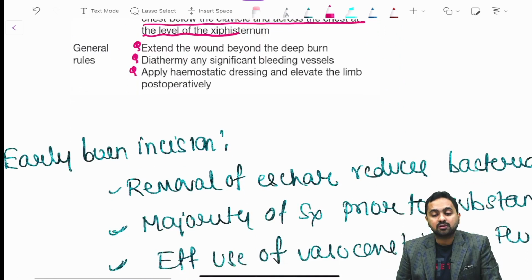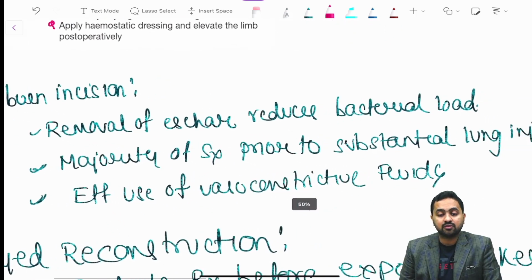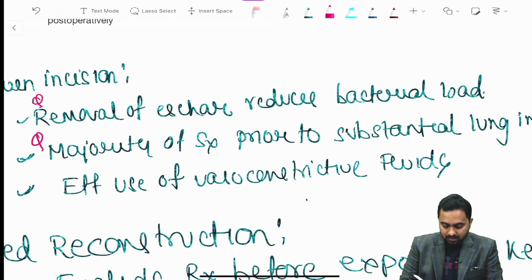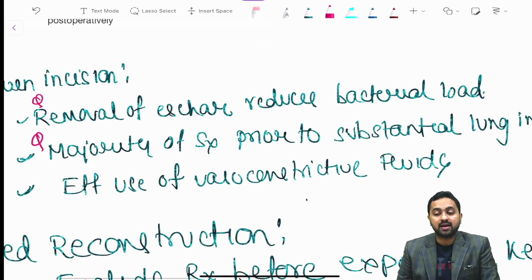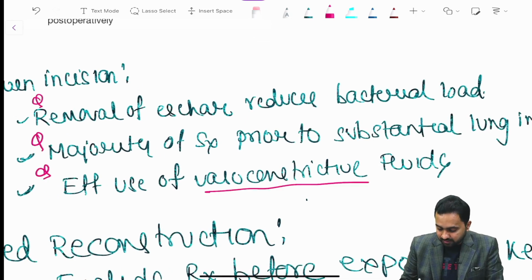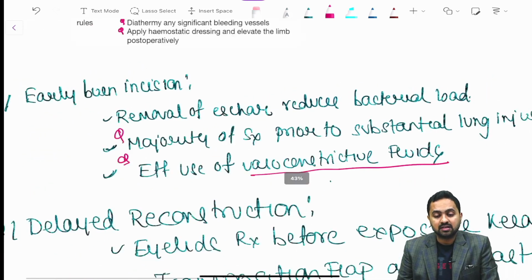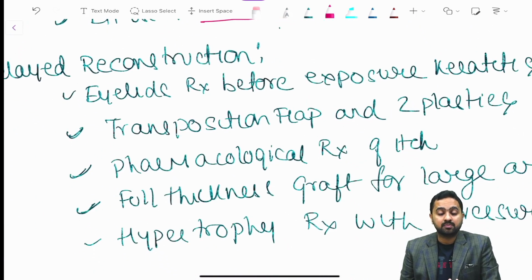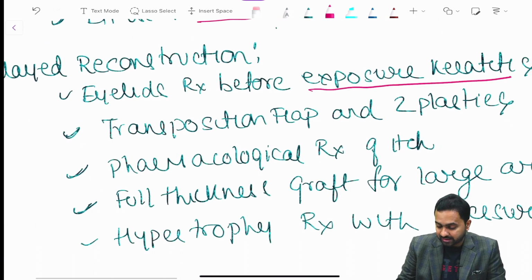Now regarding your early burn excision, that includes your removal of eschar, reducing the bacterial load. Right. Then the majority of the surgery is done prior to your substantial lung injury setting in and effective use of vasoconstrictive fluids. Then you have your delayed reconstruction. So the eyelids treatment should be done before the exposure keratitis develops.